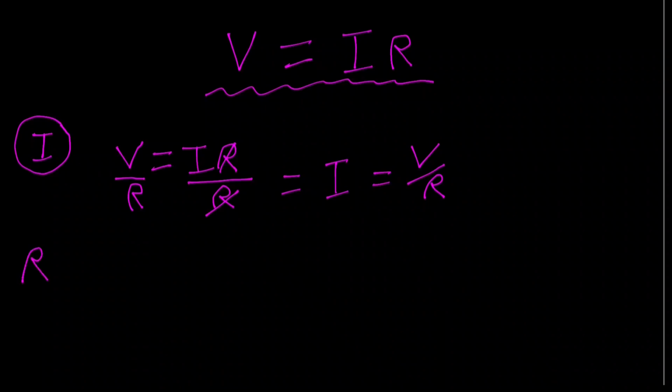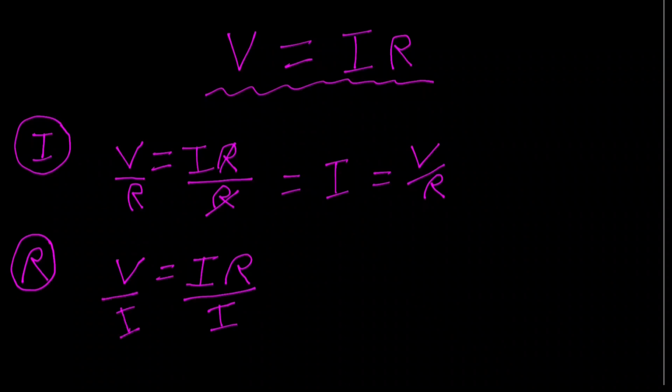Same thing can be done for resistance. So what if we're looking for the resistance and we know the voltage and we know the current? Go back to Ohm's Law. But this time we want to know the resistance. So we want to divide the equation by current on both sides to get resistance by itself.